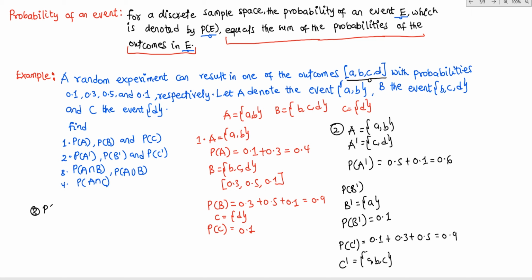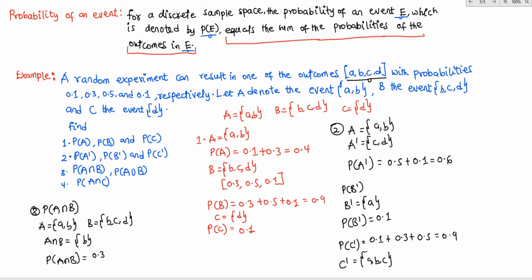Let's find the probability of A intersection B. For that one, let's list event A. For event A, we have the following outcomes, which are A and B. And for event B, we have the outcomes B, C, D. So now let's find A intersection B. A intersection B will give us just B. So the probability of A intersection B will be the probability of the outcome B, which is 0.3.